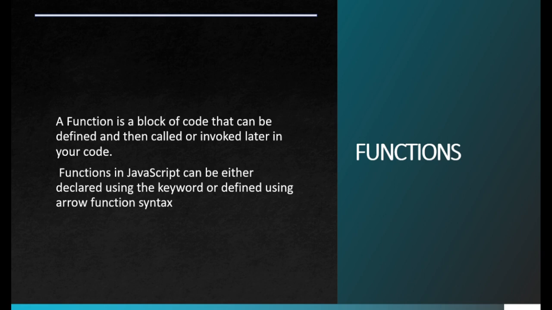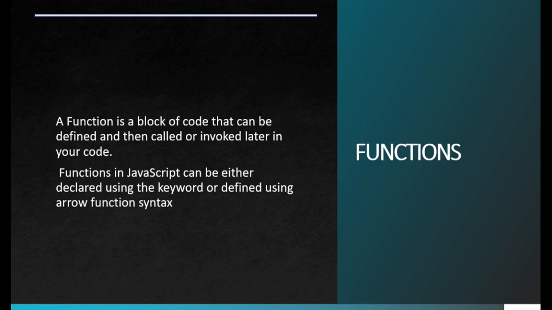Now, due to the recent introduction of ES6, you can either use the function keyword to write functions, or you can use the arrow function syntax, and you will see that soon enough.